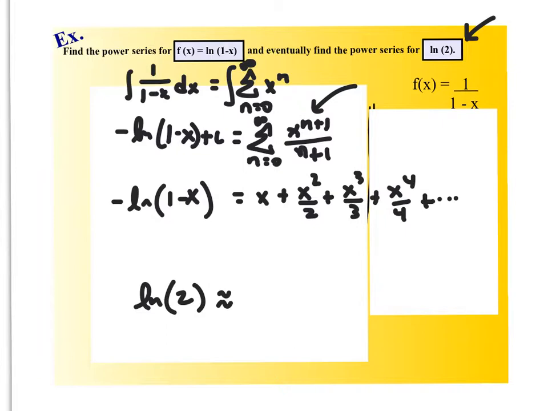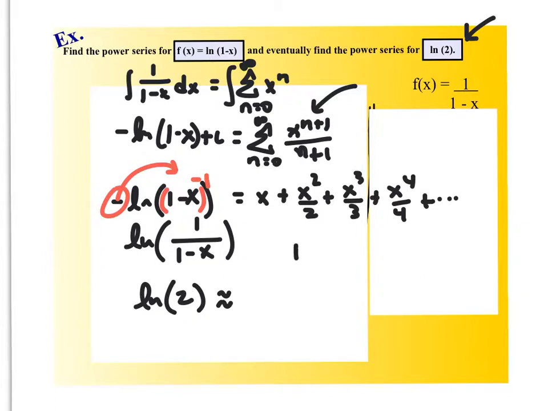1 minus -1 is 2. However, this negative over here is going to bring the exponent up here. We can move that up using rules of logs. If I had the natural log of 1 minus x to the -1 power, that's the same as the natural log of 1 over 1 minus x.